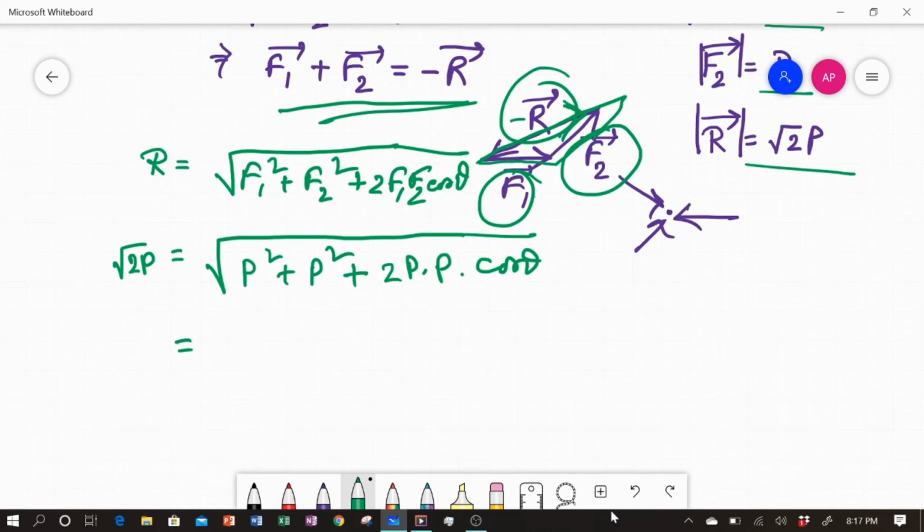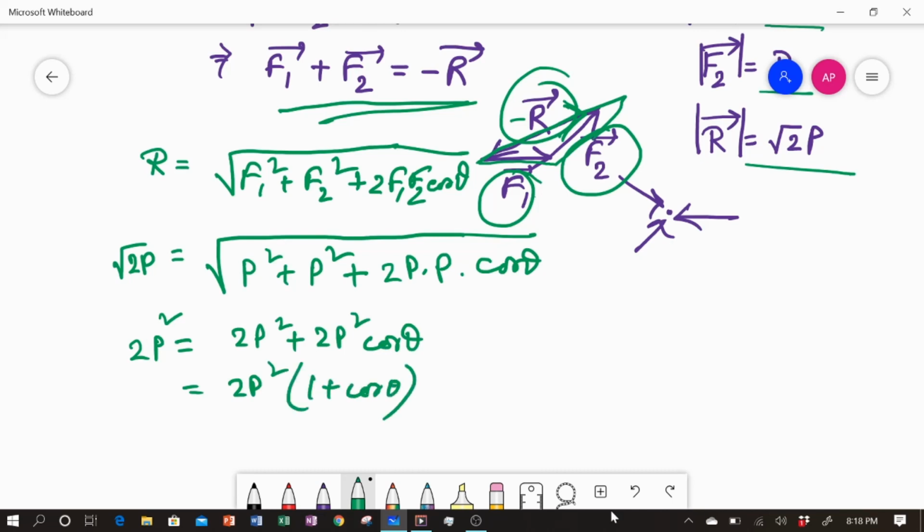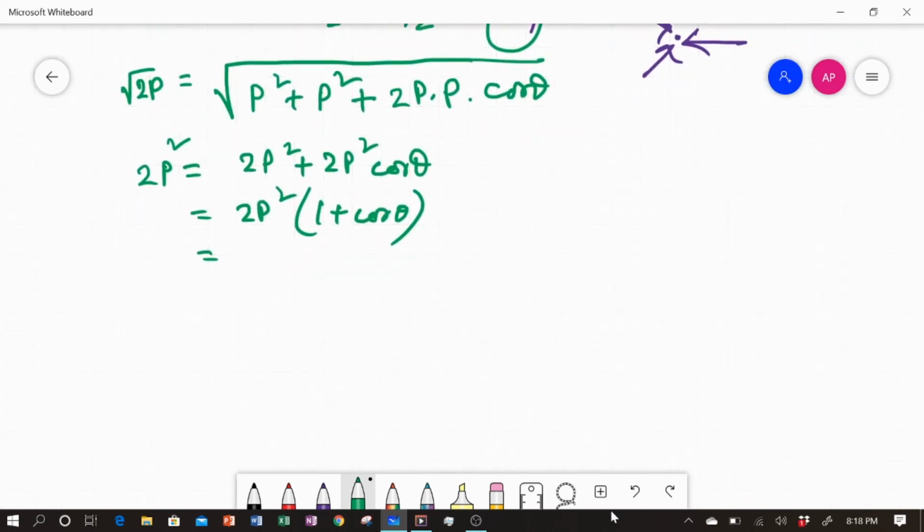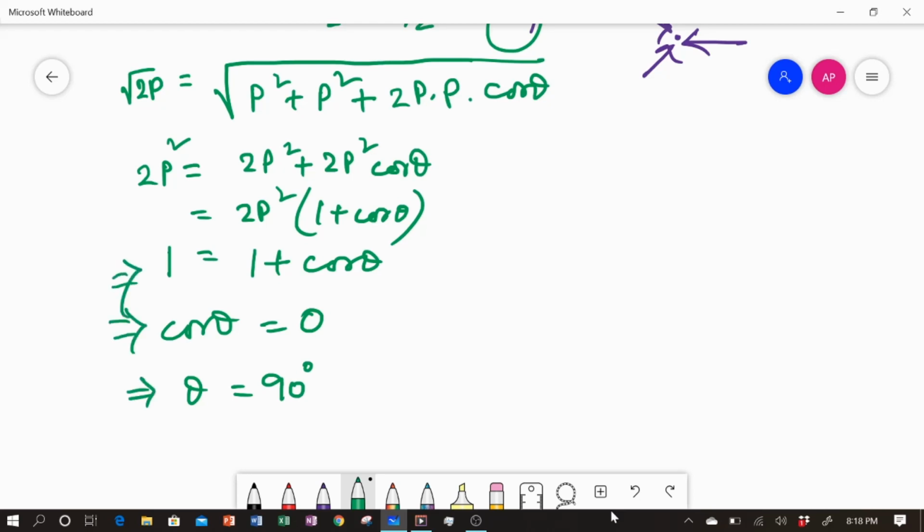So squaring both sides, it becomes 2P square equals 2P square plus 2P square cos theta. So it becomes 2P square into 1 plus cos theta. Cancel 2P square from both sides. So it becomes 1 equals 1 plus cos theta, that means cos theta equals 0, and that means theta equals 90 degrees.